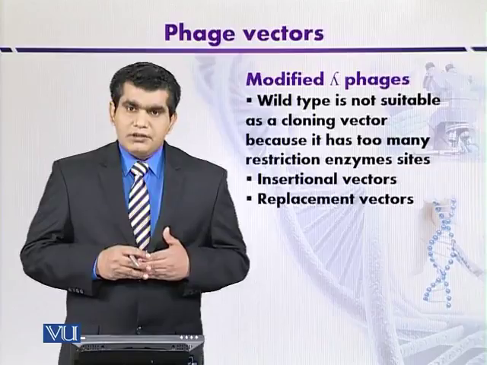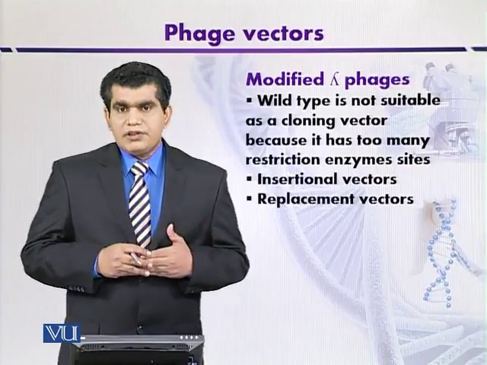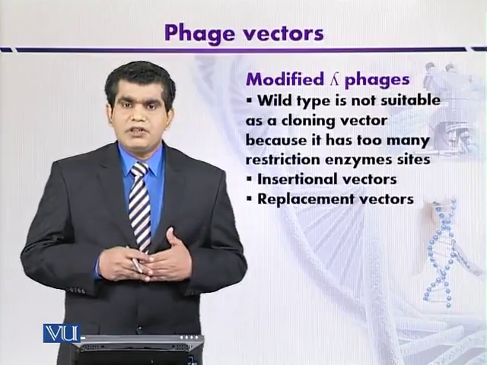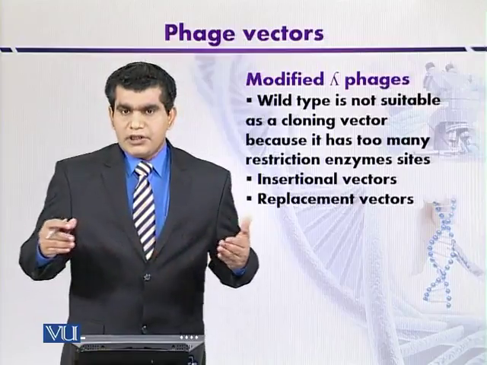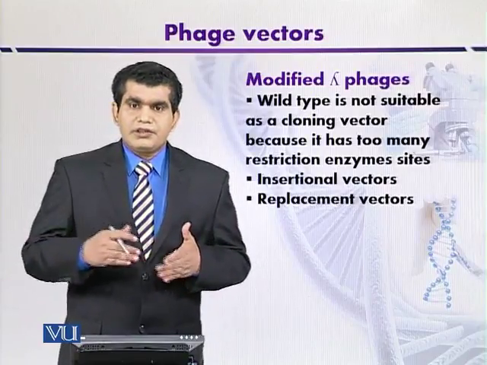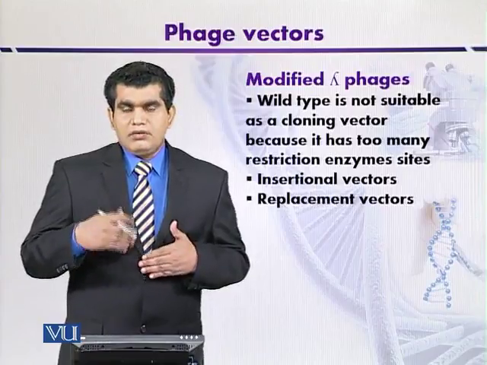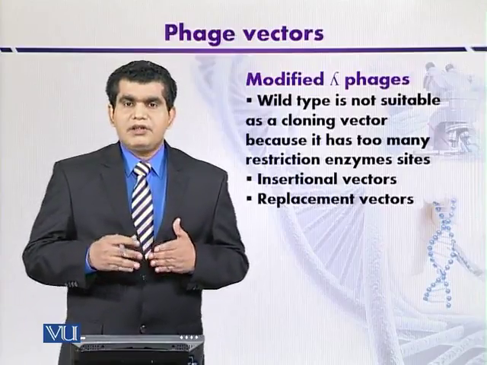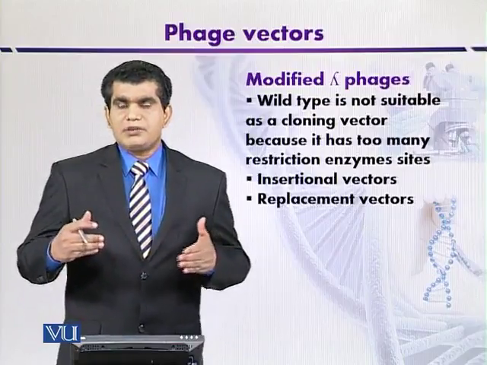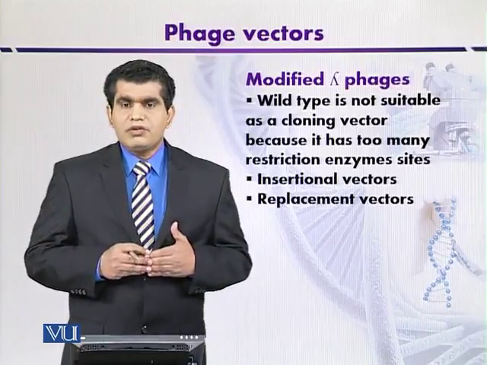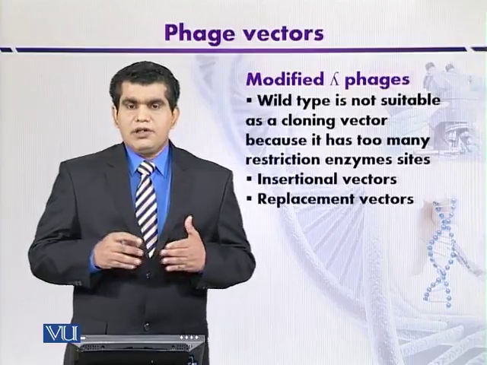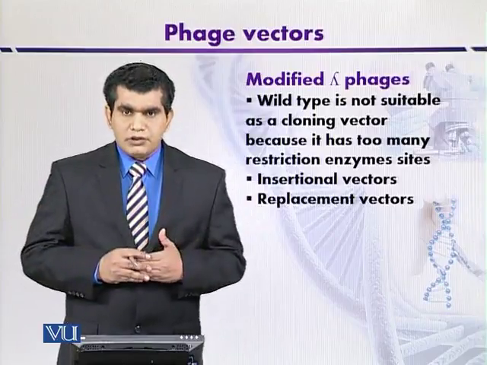In addition to that, modified lambda phages also contain an extra reporter gene which is called beta-galactosidase. And this production of beta-galactosidase after the insertion of foreign DNA will indicate whether the foreign DNA is inserted or not. For example, if the beta-galactosidase expression is lost because of the insertion of foreign DNA within this gene, then this will indicate that okay, transformants have been produced.